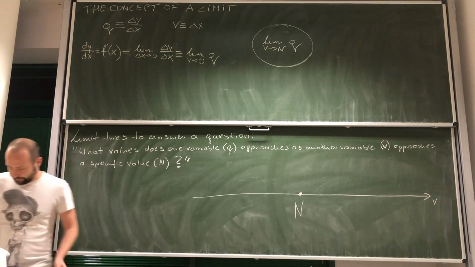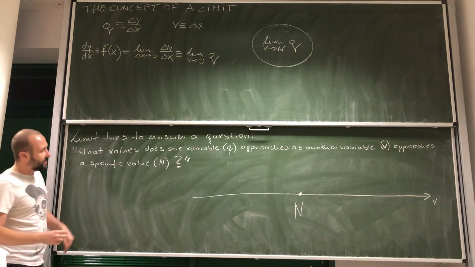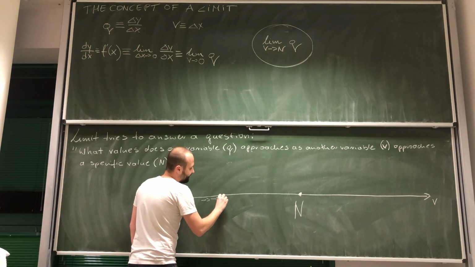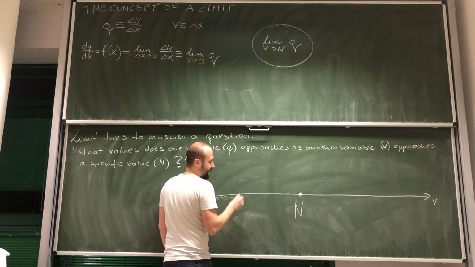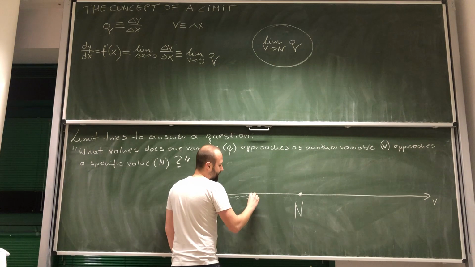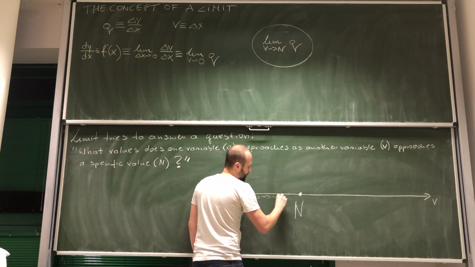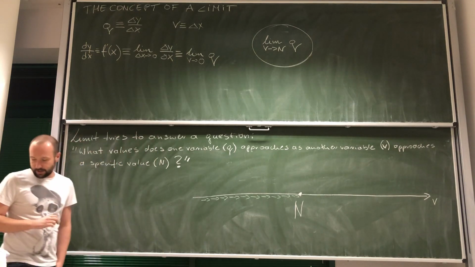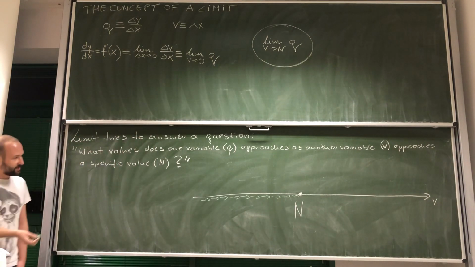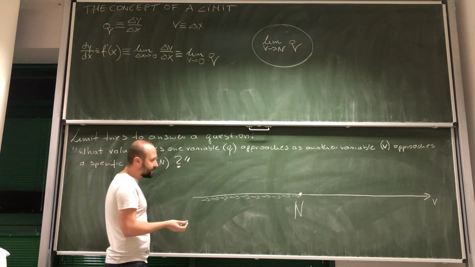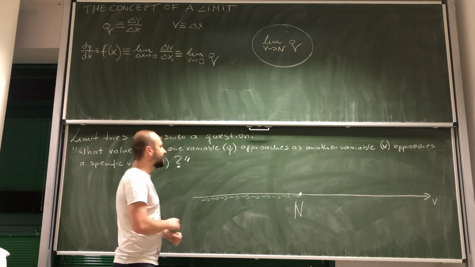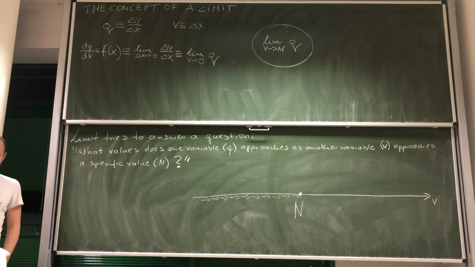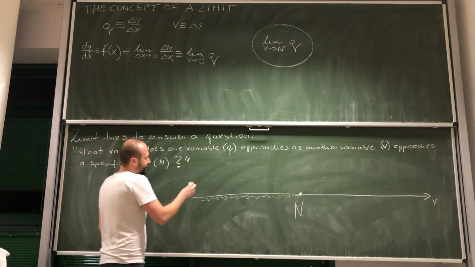First of all, starting from smaller values than n, we can get closer and closer to n from the left-hand side. And in this case, when we will be calculating this limit in this way, we will say that we have left side limit.